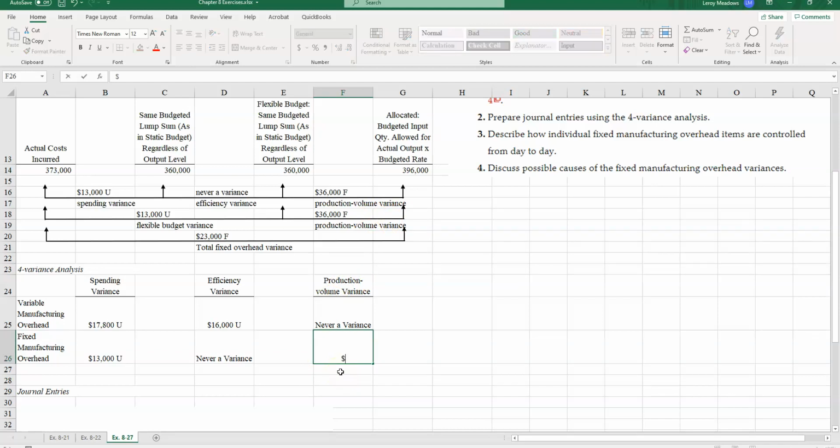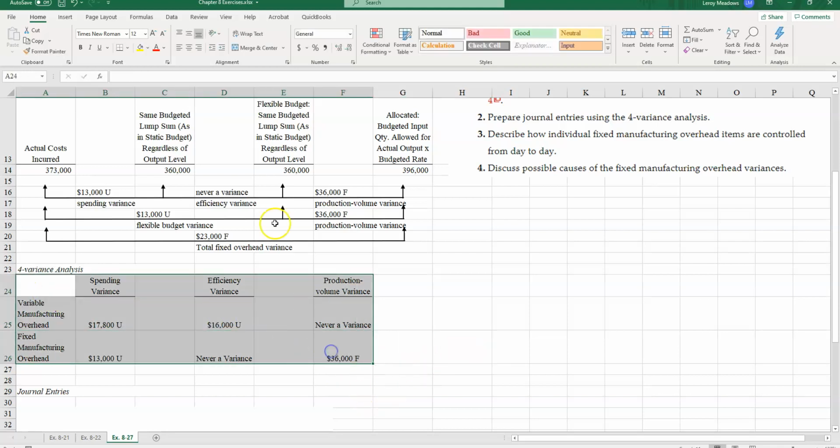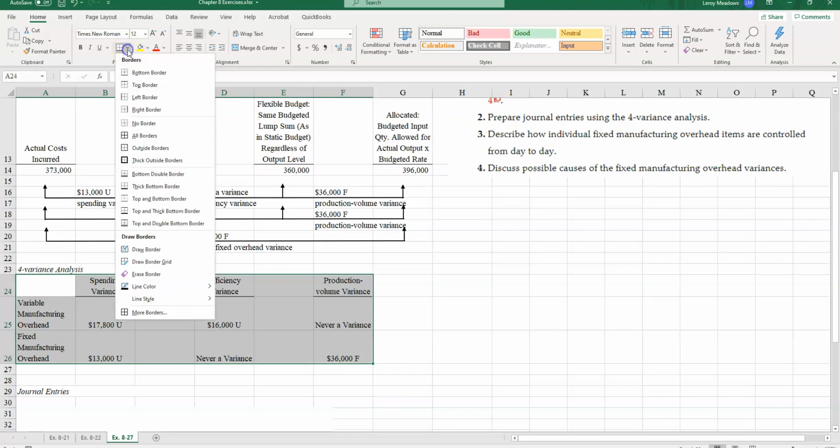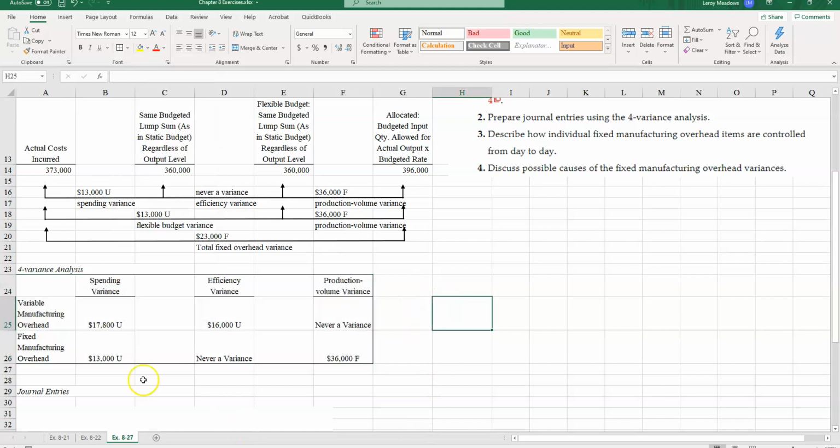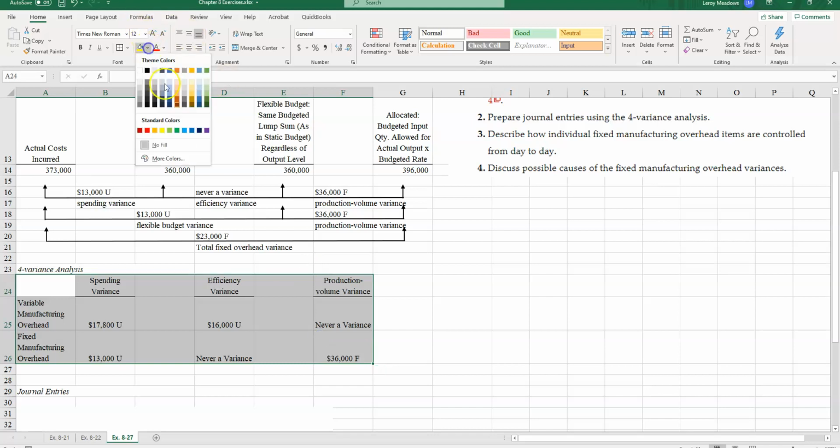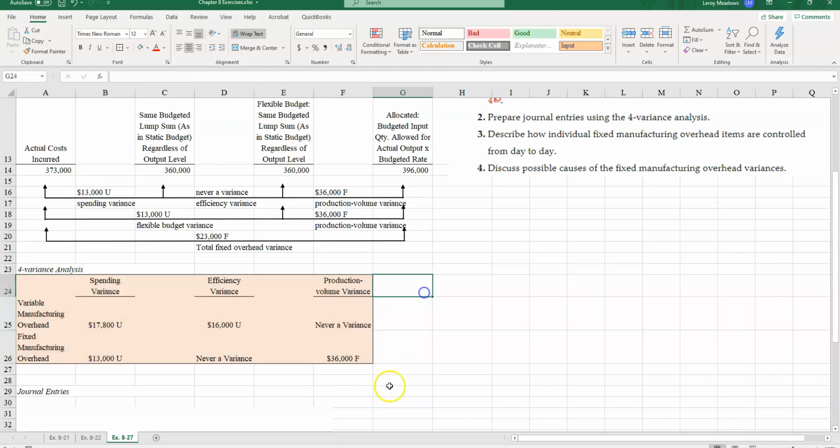So let's put that in here. Okay, so this right here is my four variance overhead analysis. I will change the color just a bit to make it stand out.